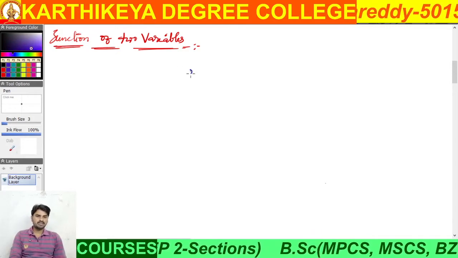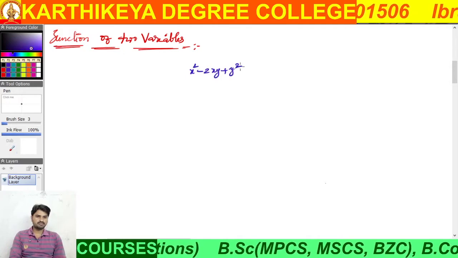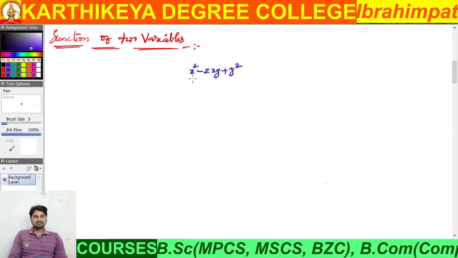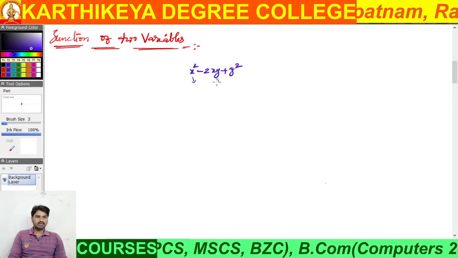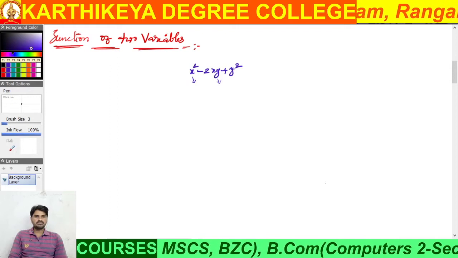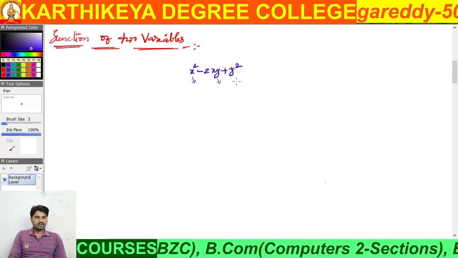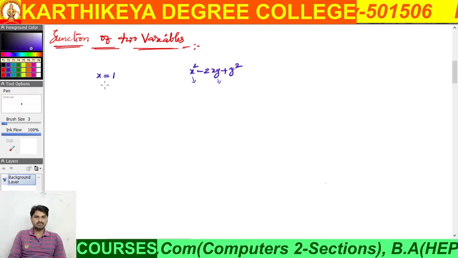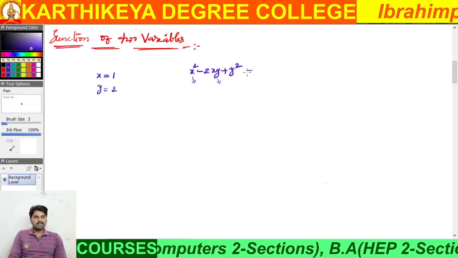Let us consider the polynomial x square minus 2xy plus y square. Observe that in this polynomial you have x and y variables. To find the value of this polynomial, you need to give x equal to something and y equal to something, so you will get a value.